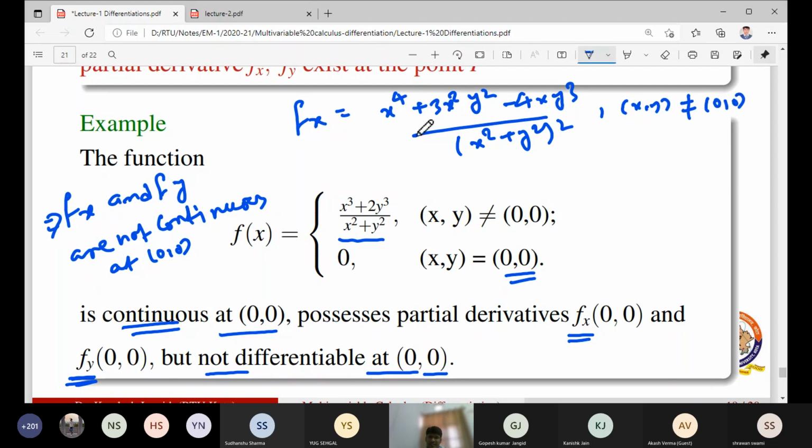So this is our partial derivative at the point (x, y) not equals to (0, 0).